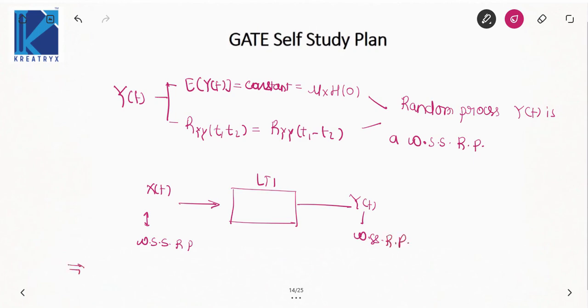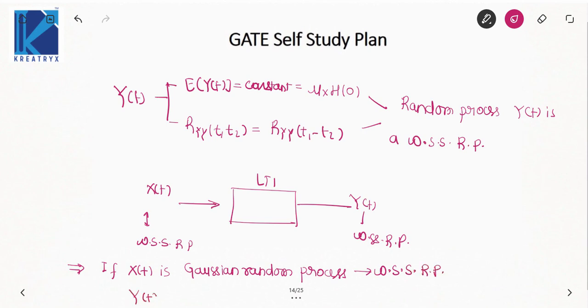And I'm also adding a statement: if x of t is a Gaussian random process, we know that a Gaussian random process is a wide sense stationary random process, then y of t will also be a Gaussian random process.